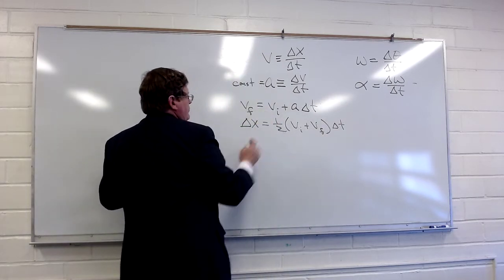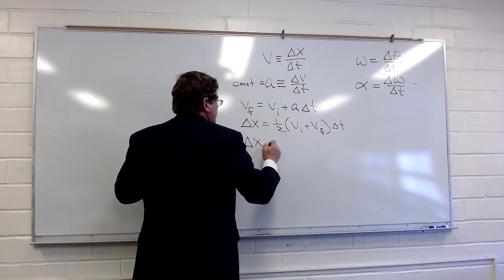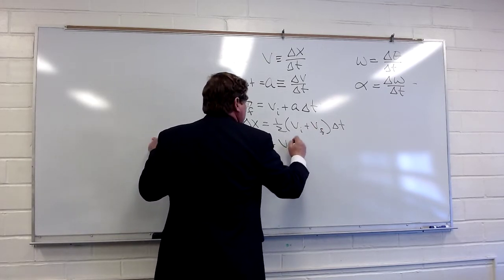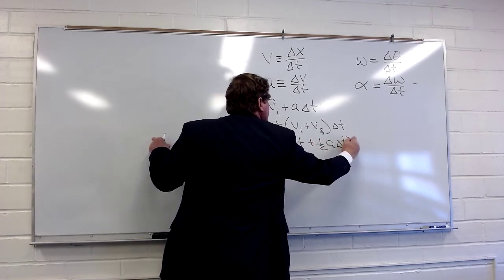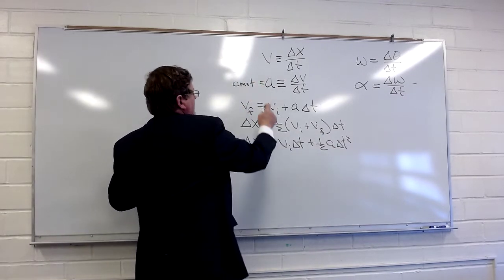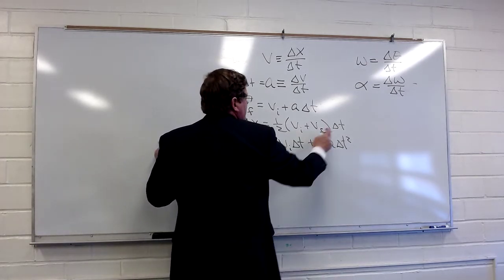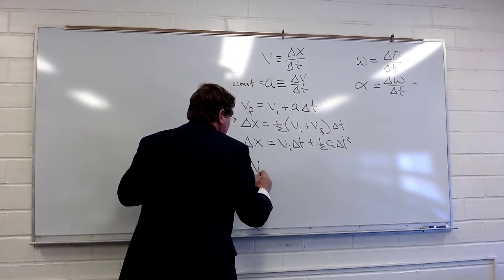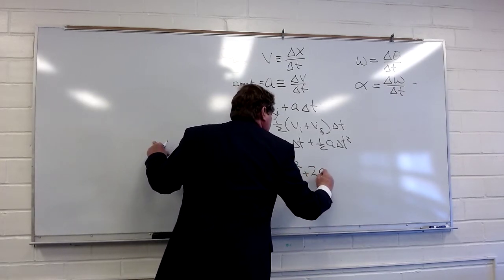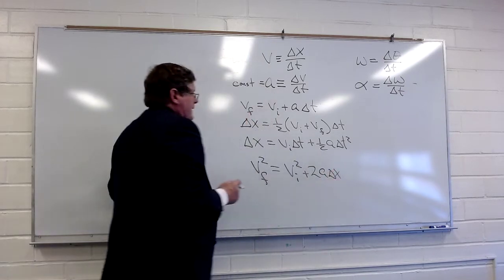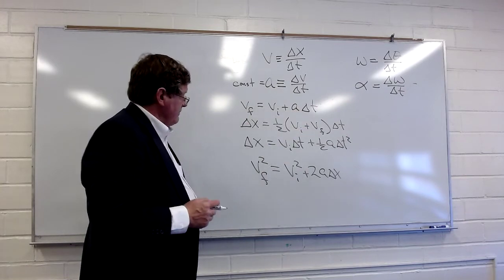We found that we could put these two equations together in such a way to eliminate v final, and we get delta x is equal to v initial delta t plus 1/2 a delta t squared. And then we could combine these first two equations in such a way that we eliminate time. And in that case, we got v final squared is equal to v initial squared plus 2a delta x. And if things were going in the y direction, we just replaced all the x's with y's.